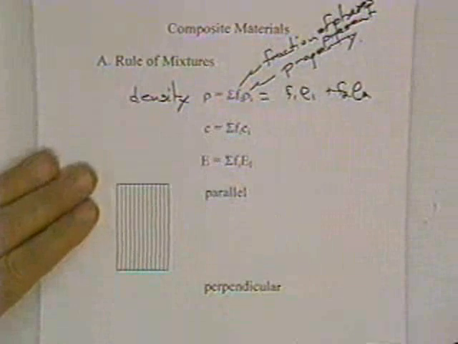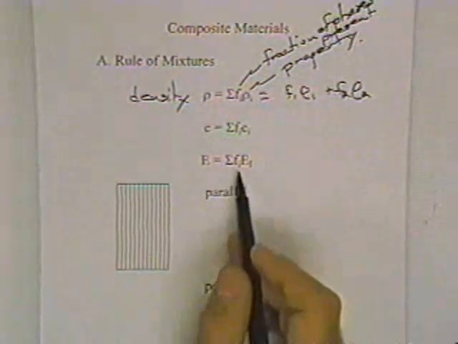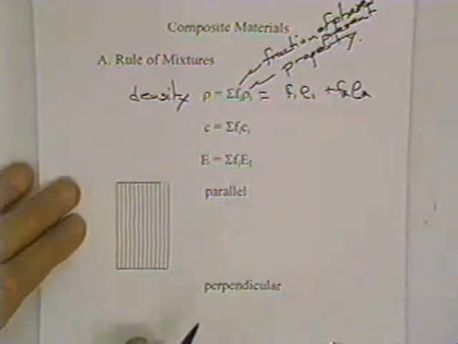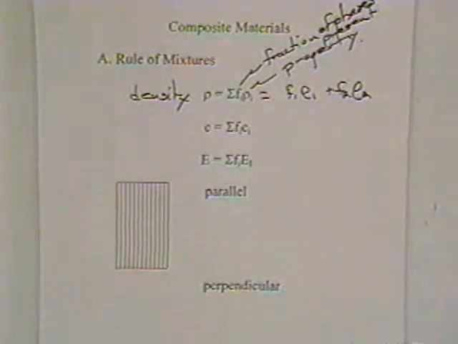You can do the same thing with the modulus of elasticity for the material also. I was going to conclude with this example for the modulus of elasticity for a composite material and have you think a little bit about how it would be in either parallel or perpendicular format.